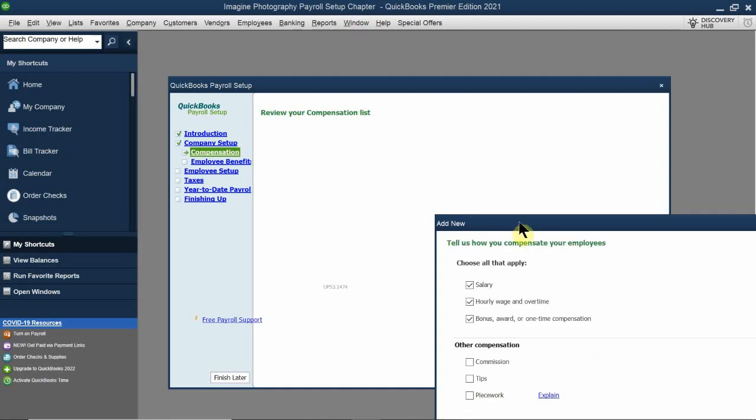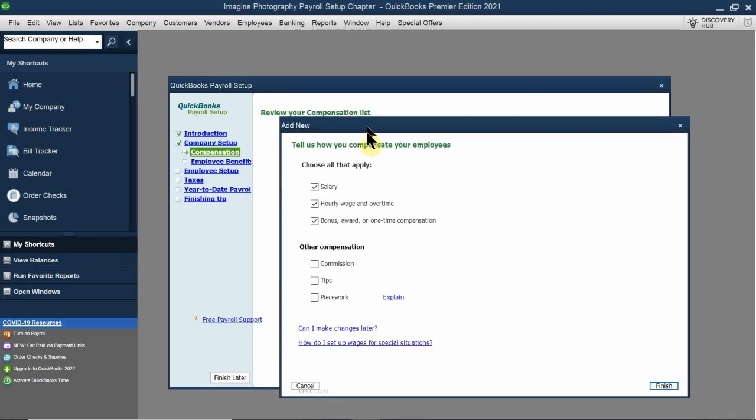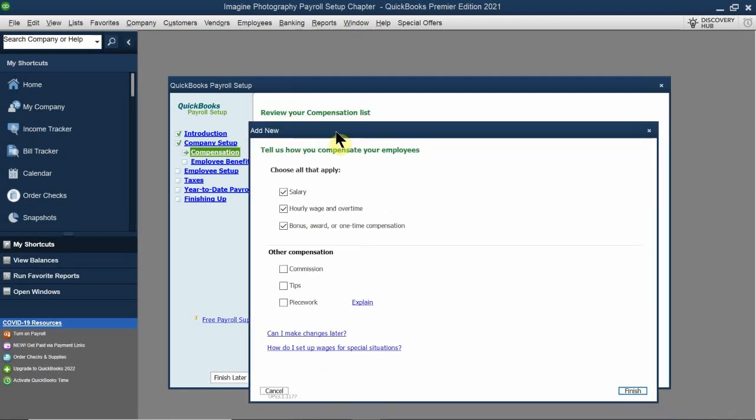So first thing I'm going to set up is how do I compensate my workers? Do I compensate them as an hourly wage? Do I compensate them as salaries? Or do I compensate them with a bonus? They work for me based on commissions, meaning their job is to sell, and they just get a portion of the money.